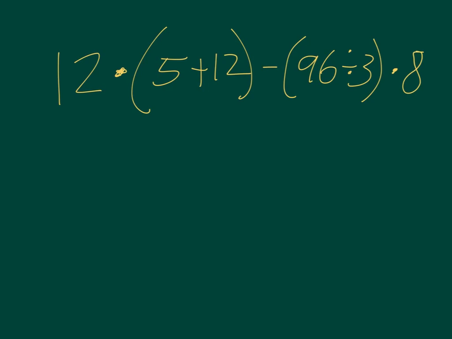Now for this problem, what I want you to do is not write down actually any answers, but write down what order the different operations are going to happen, specifically related to what's going on here. What I mean by that is I'd look at this problem and think of the acronym, PEMDAS.